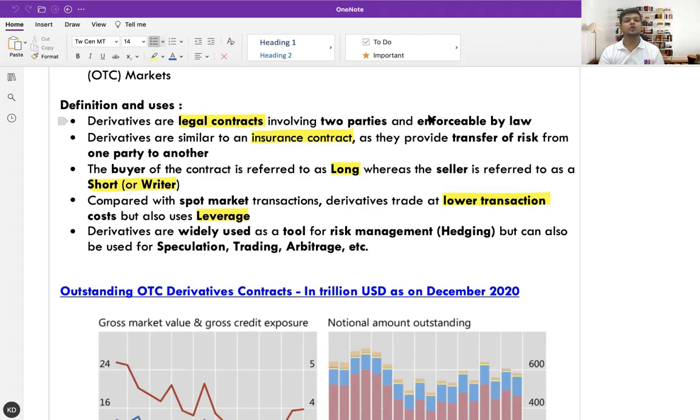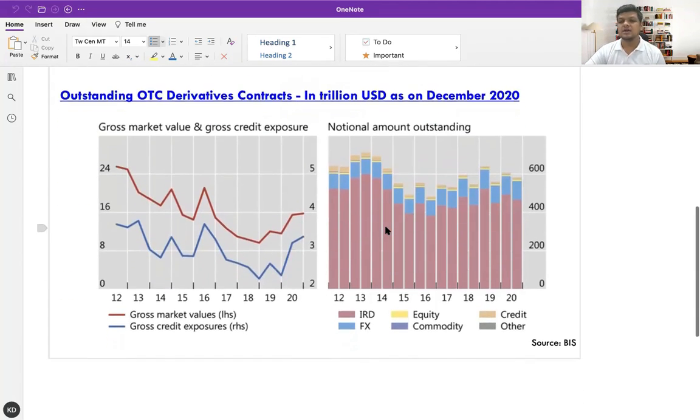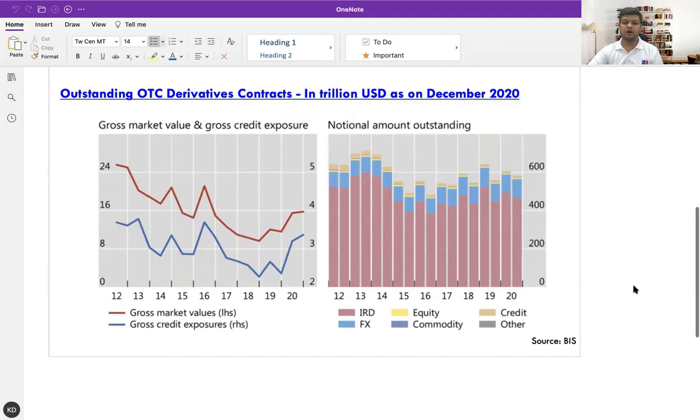But let me tell you, derivatives is much bigger than this. I've pulled out this data from Bank for International Settlement. It's a global union of all the banks, you can say. And since derivative contracts cannot be exactly measured. Why? Because many of them are OTC. Correct?